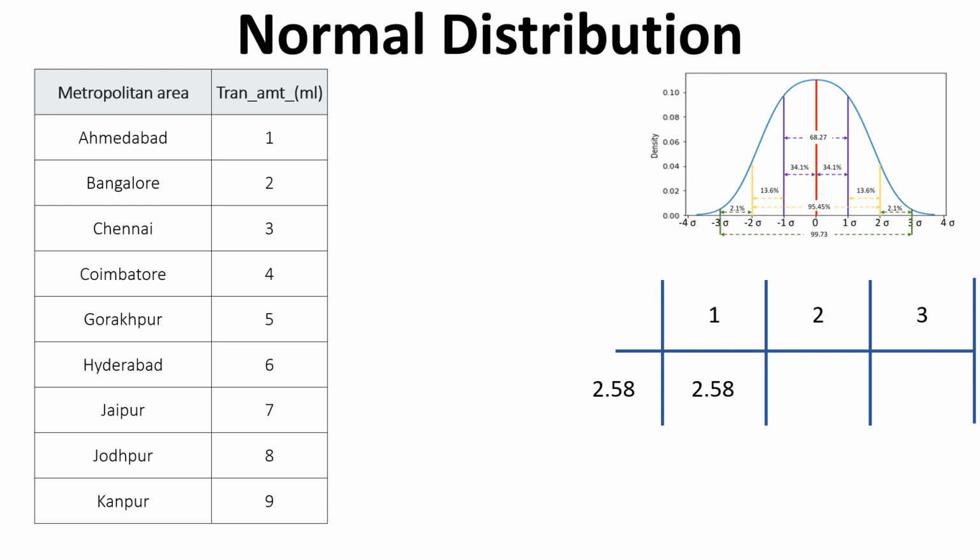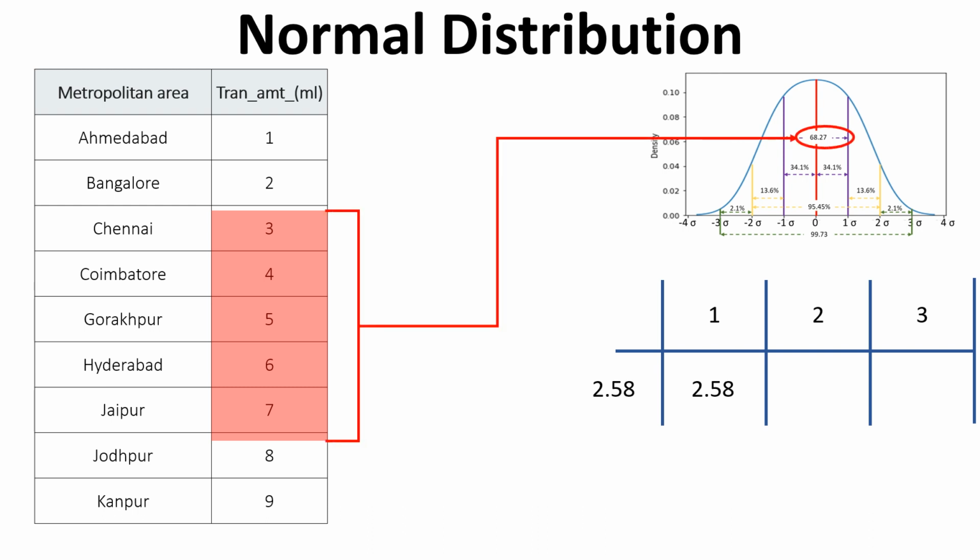If you see, mean plus 2.58 above the mean, this is the data range, and mean minus 2.58, so this is the data range. So this area shows that all these cities are falling in the range of 68.27% of the entire data set, and this is one standard deviation from the mean, minus or plus.